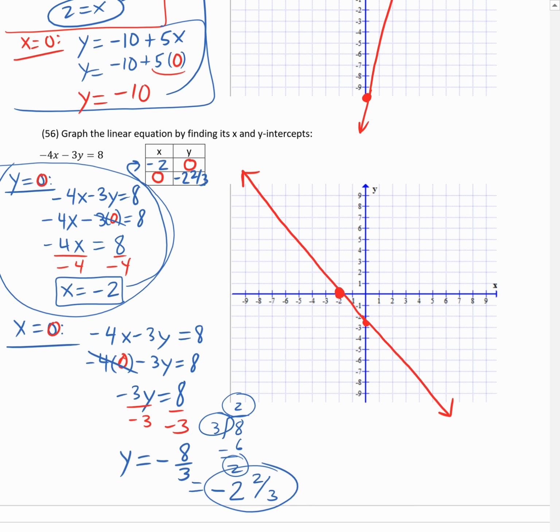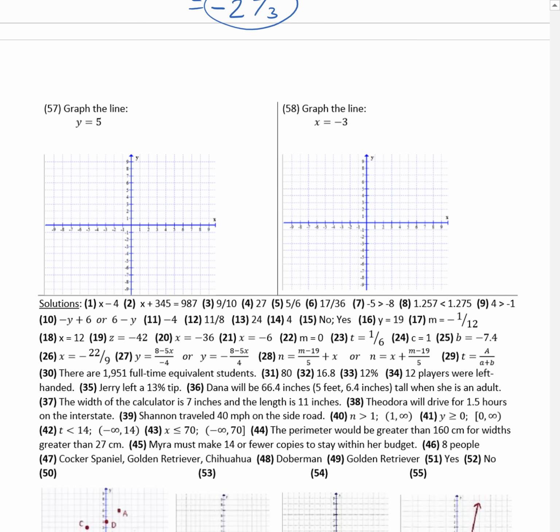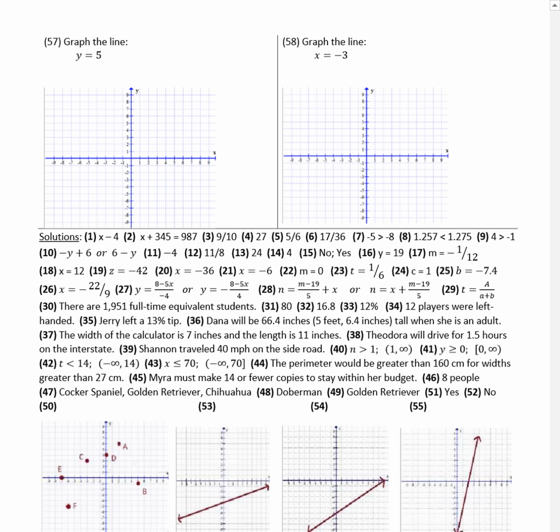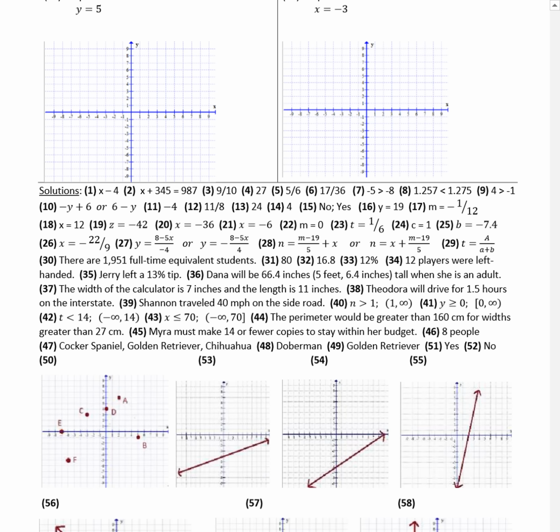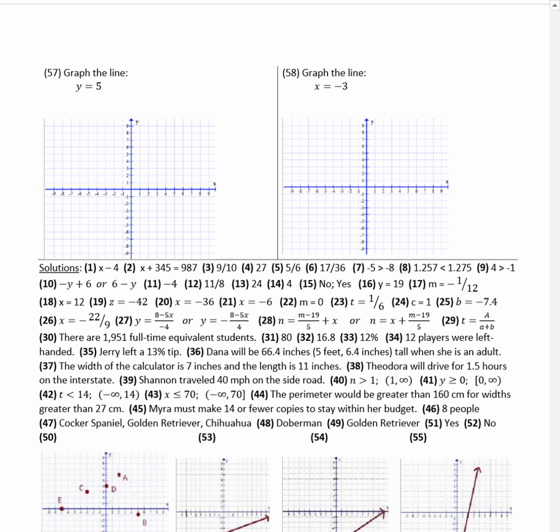Almost done. All right, let's graph this line. y equals 5. So remember, when you have y equals something or x equals something, they only have one variable. That means it's either a vertical or a horizontal line. It's hard to remember, but I always think of it as, okay, the x-axis, is it vertical or horizontal?